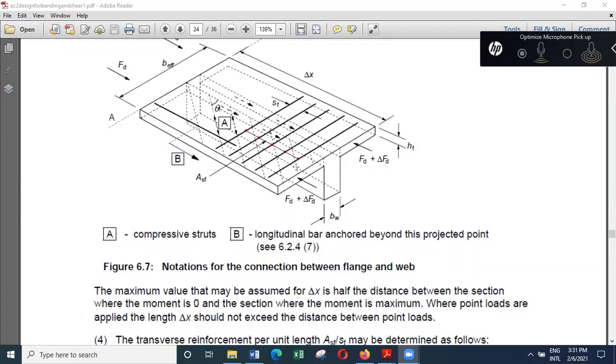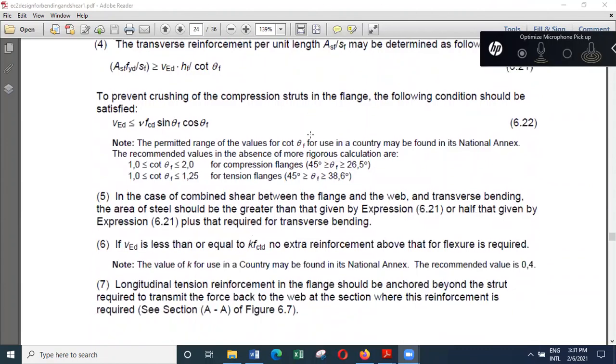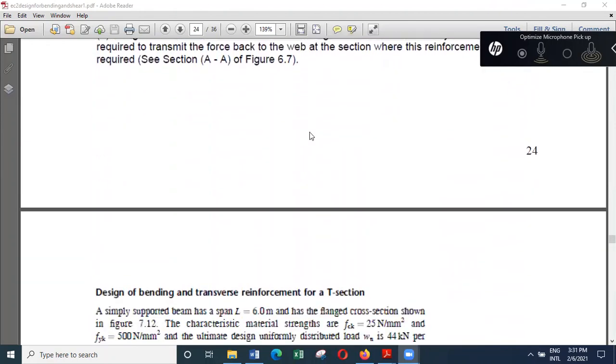That we can check by deciding the maximum force, or maximum stress, in concrete. And then we also need to decide whether we have to provide this reinforcement, and that is decided by checking the allowable VED value. And if this stress is high, then we will need the reinforcement as well. Then we can calculate the reinforcement. So that is the method.